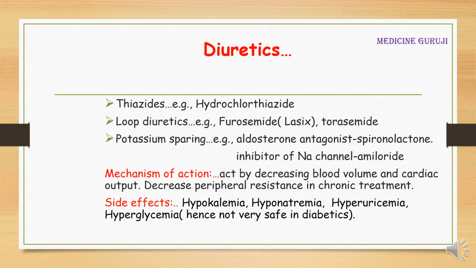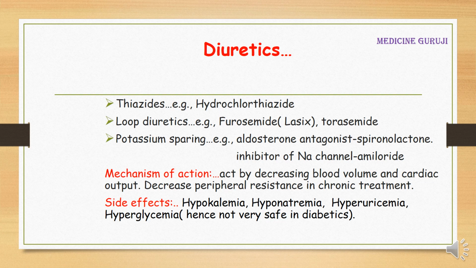Now we will see उनका मैकेनिज्म ऑफ एक्शन क्या है डायूरेटिक्स का. Diuretics act by decreasing blood volume and cardiac output. Remember, they decrease both blood volume and cardiac output, so they decrease peripheral resistance when we give them for a prolonged period, that is in chronic treatment.